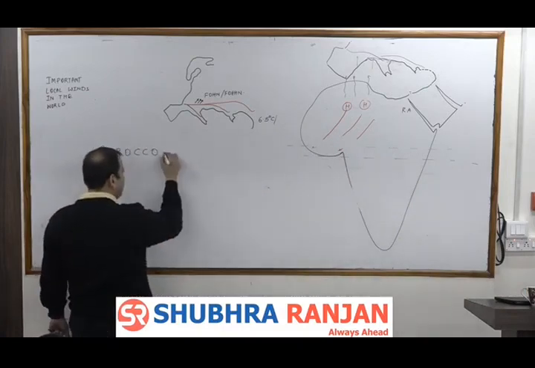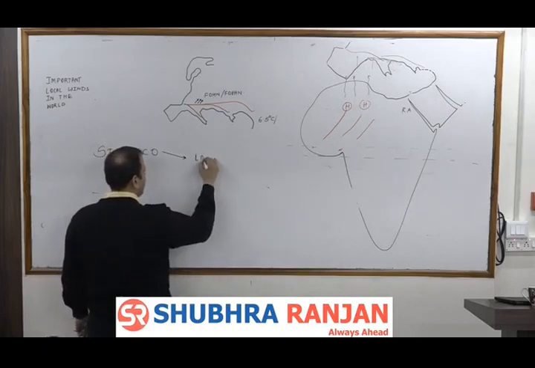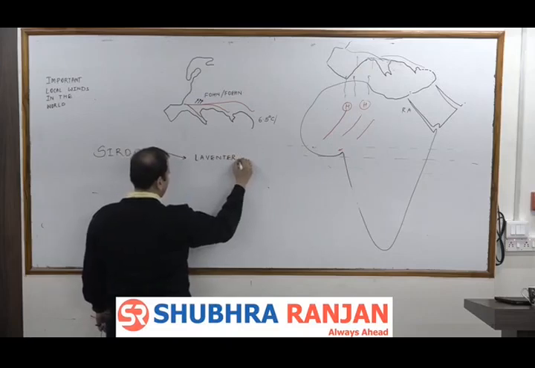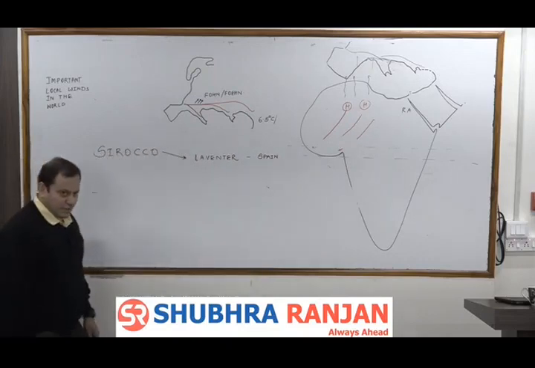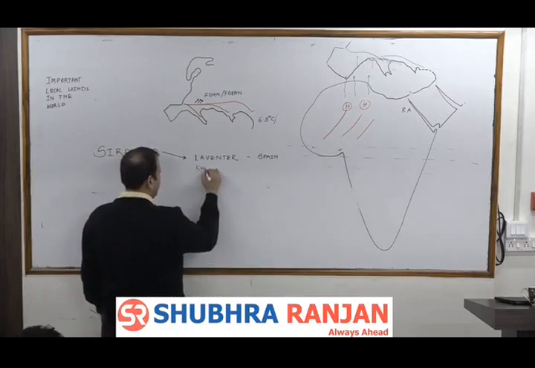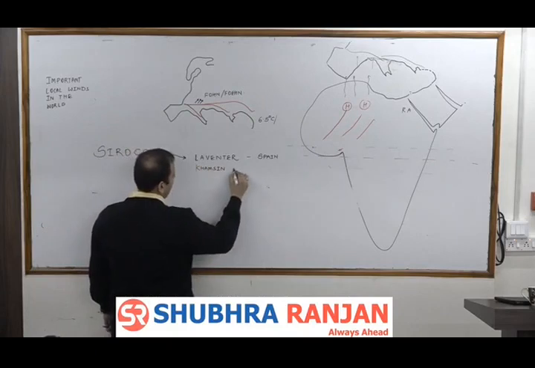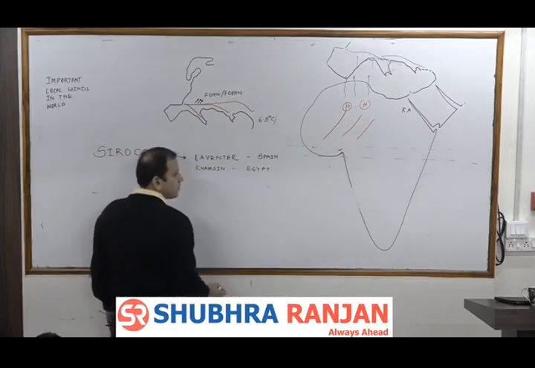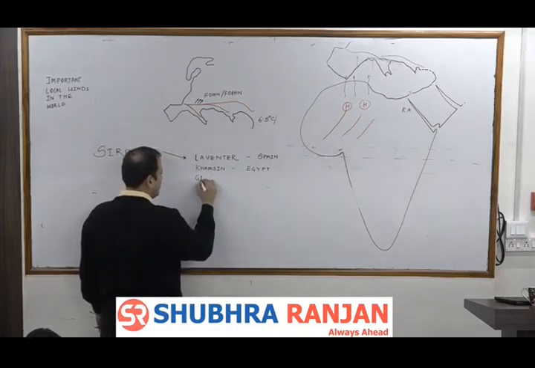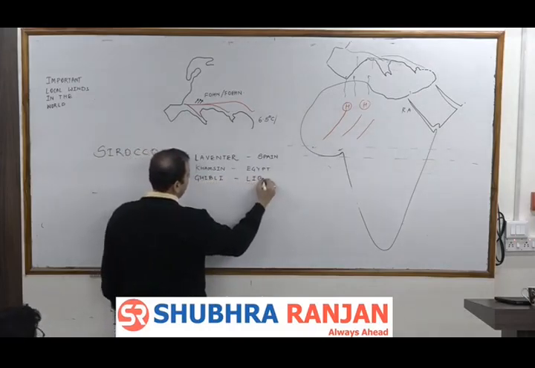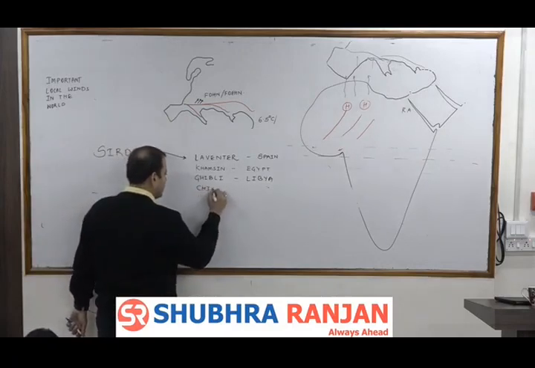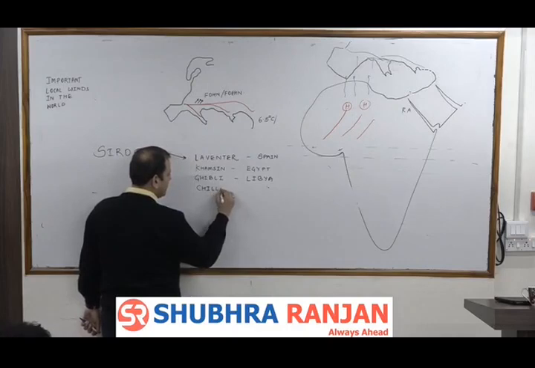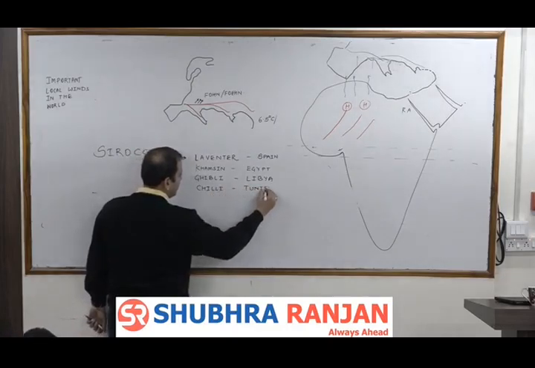Sirocco is known by different names. It is known as lavender in Spain, Khamsin in Egypt, Ghibli in Libya, Chili in Tunisia.